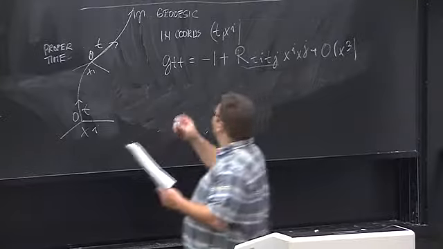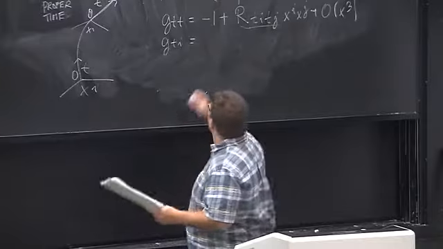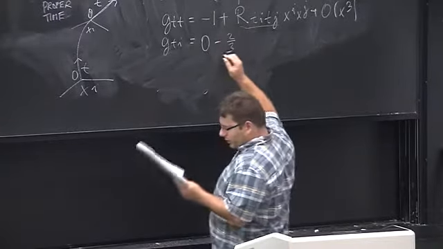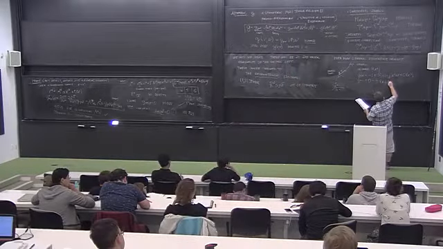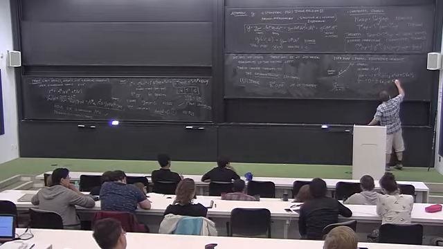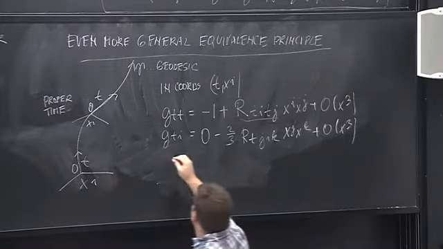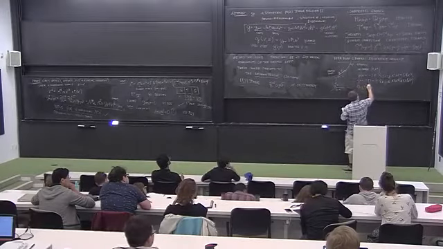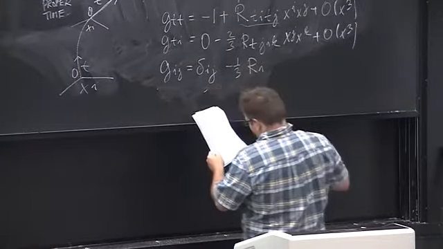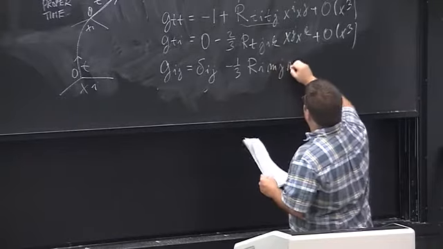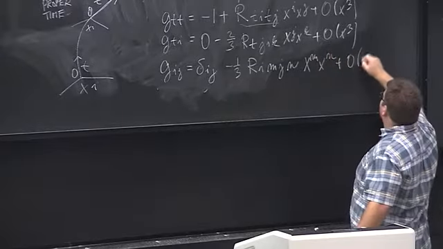Okay, and that's g_tt, and then you have g_ti. Of course, if this has to be flat metric, the absolute term is 0, minus 2/3 R_tjik xj xk plus O(x cubed), and then g_ij is delta_ij minus 1/3 R_imjn xm xn plus O(x cubed).